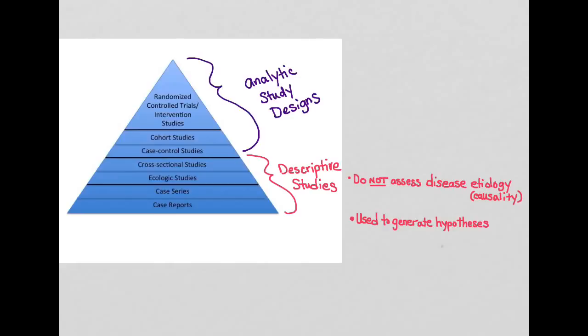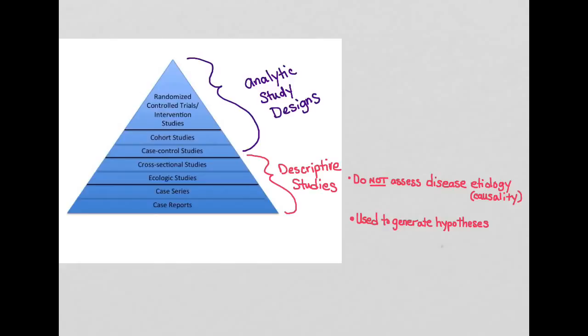So, as I said in the first video, as you move up the evidence hierarchy, you have a stronger case for causality, for a causal relationship between the exposure and the disease. So all of these study designs are looking at a relationship between an exposure, like a cause of a disease or a protective factor, and the disease.